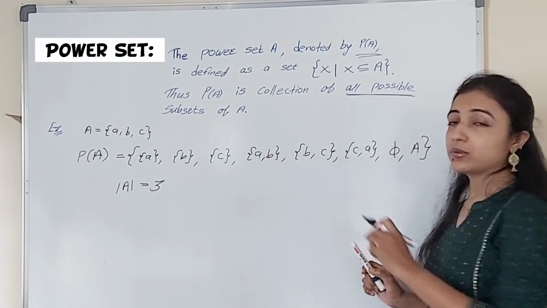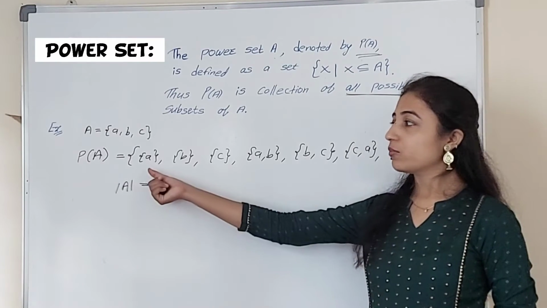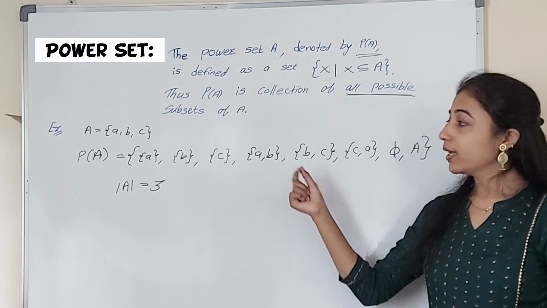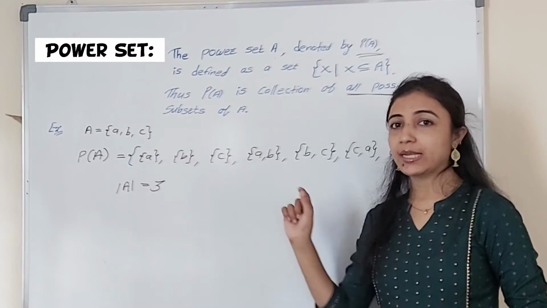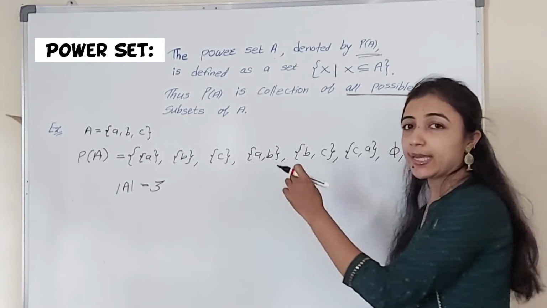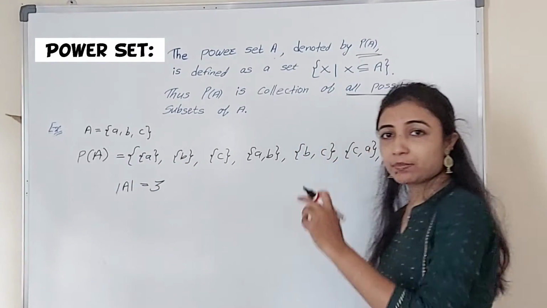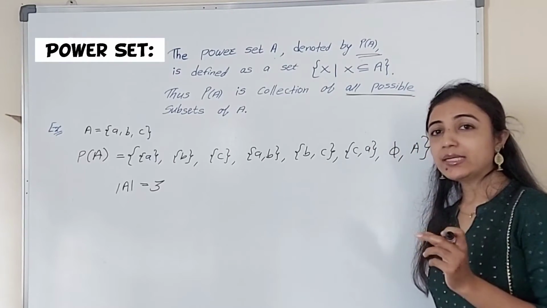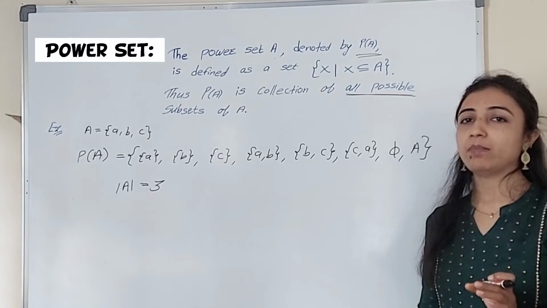Now if we talk about the cardinality of power set of A, so now see here यहाँ पे आप 1, 2, 3, 4, 5 इस तरह से काउंट नहीं करोगे, बिकॉज ये जो सेट है इट इज द एलिमेंट फॉर दिस पावर सेट. मतलब इसके लिए ये जो सेट है ये रहेगा इसका एक एलिमेंट. जैसे यहाँ पे A is the element of set A, B is the element of set A. Similar way, power set is a collection of sets. तो set जो है that is the element for power set.